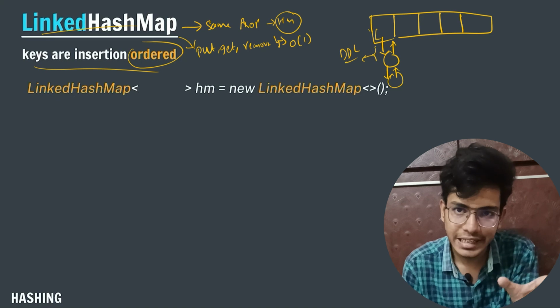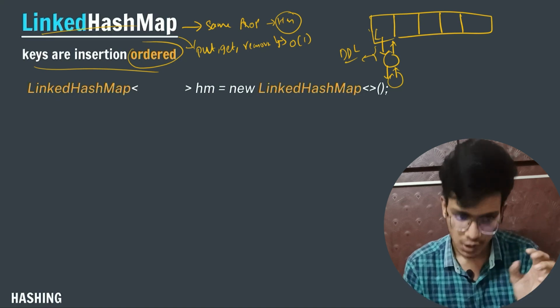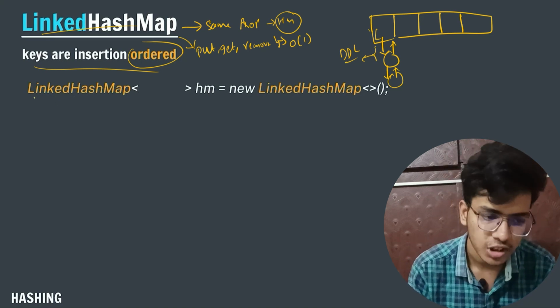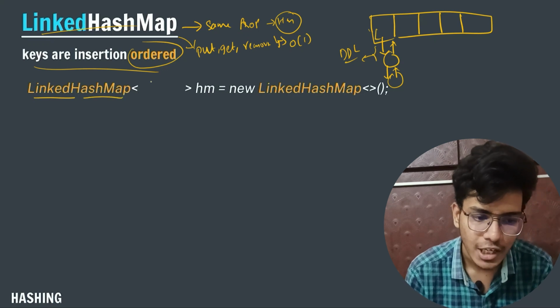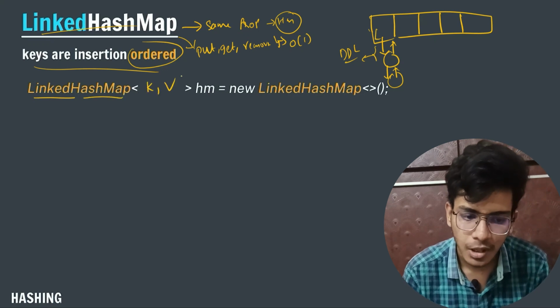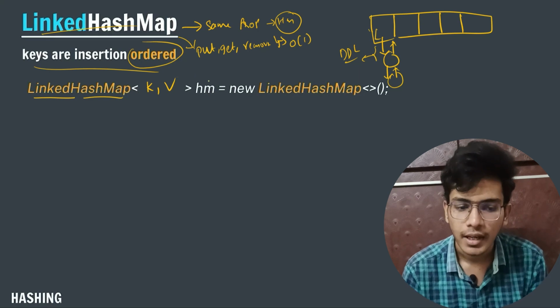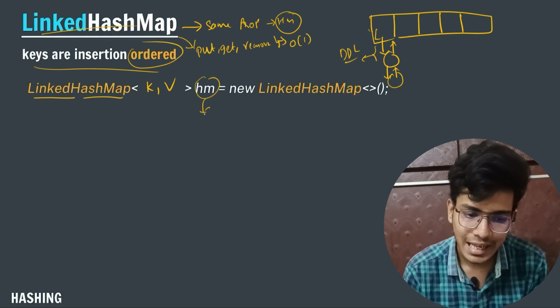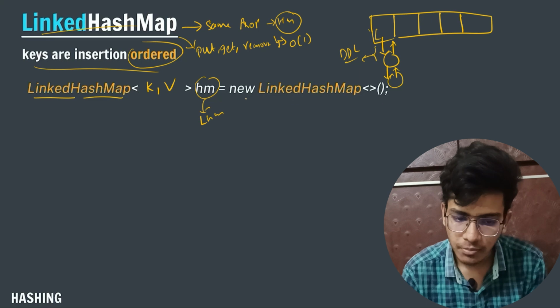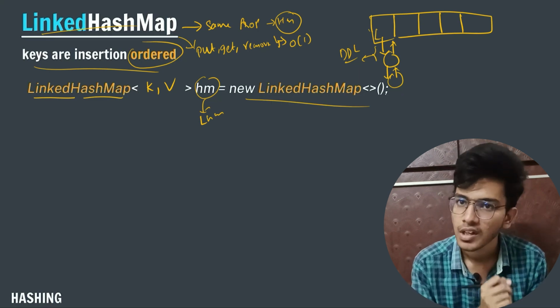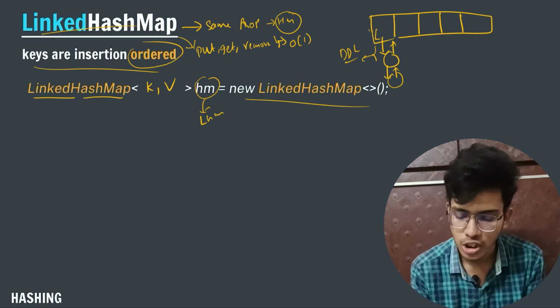Now if I want to create a linked hash map in my Java program, first of all I will write LinkedHashMap, after it my key data type, then my value data type, then the name, for example lhm equals new LinkedHashMap. This is how I will create it.